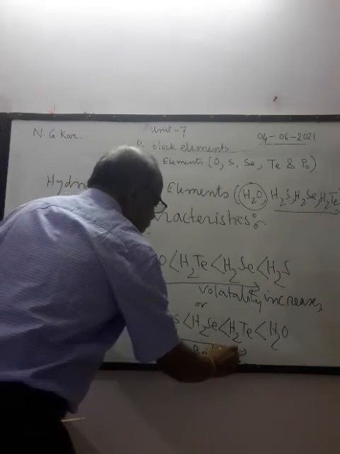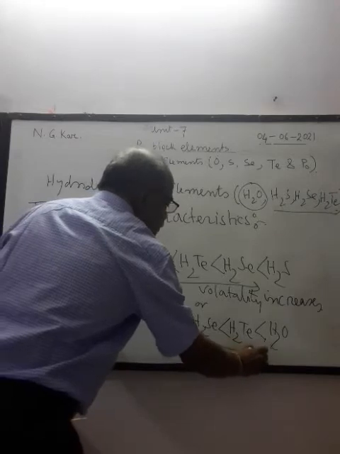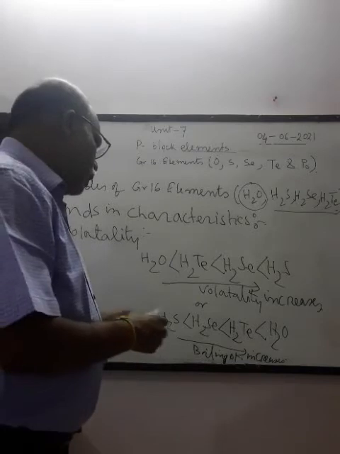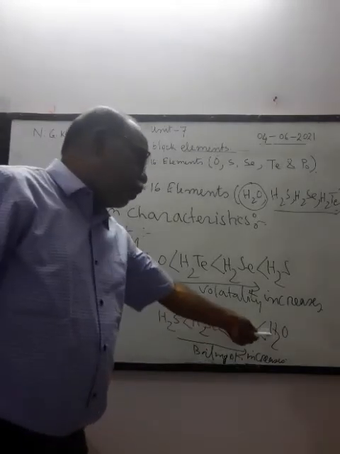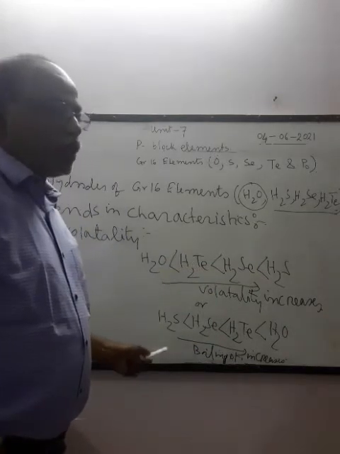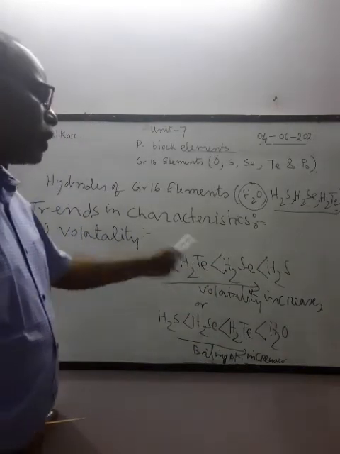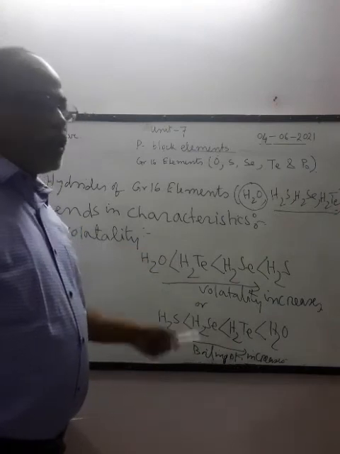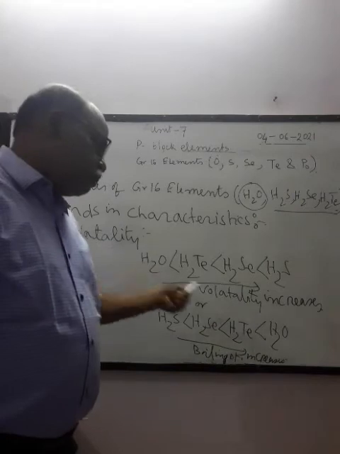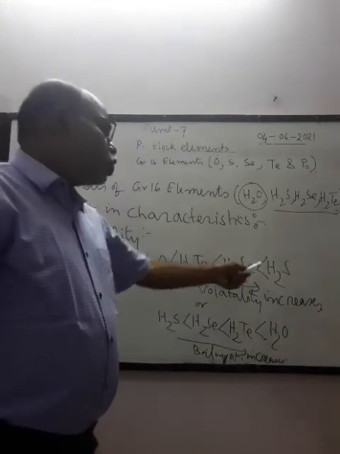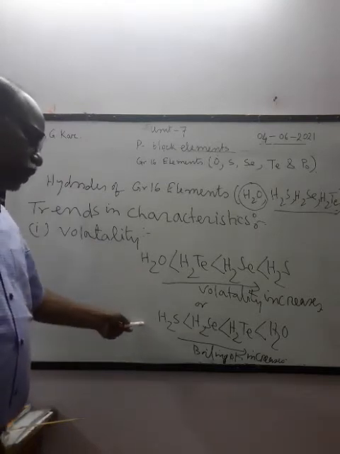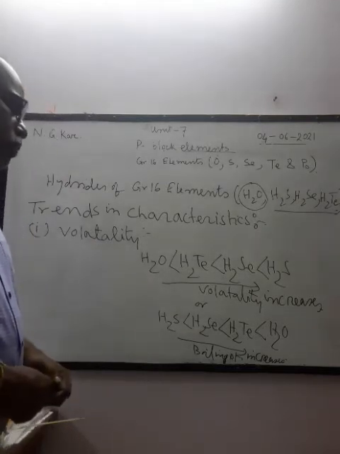Boiling point increases in this order. Least volatile means highest boiling point, and most volatile means least boiling point. Boiling point and volatility are inversely related to one another. So this is the order of volatility and this is the order of boiling point.